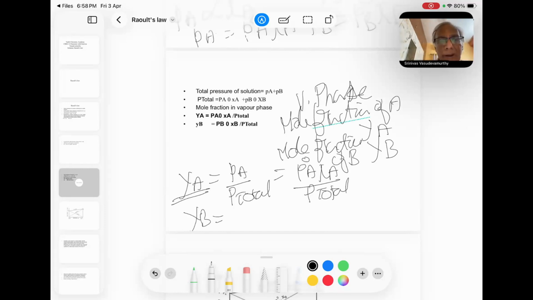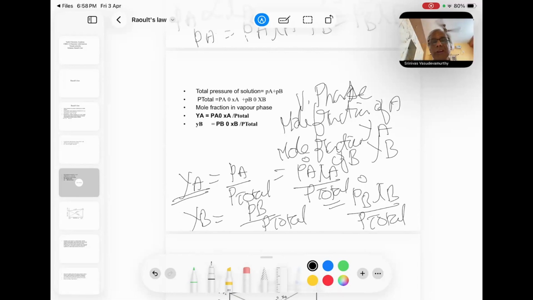In the same way, YB, the mole fraction of B in the vapor phase, is equal to PB by P total, which is P naught B into mole fraction of B divided by P total. This is the situation in the vapor phase. You will get numericals based on this, finding the mole fraction in the solution as well as the mole fraction in the vapor phase. This is the equation we get for a solution containing two or more volatile solvents.